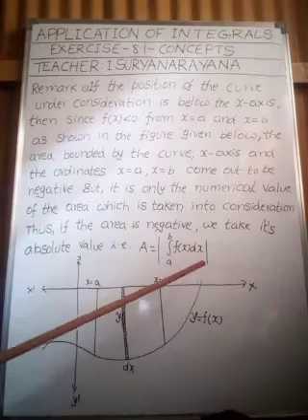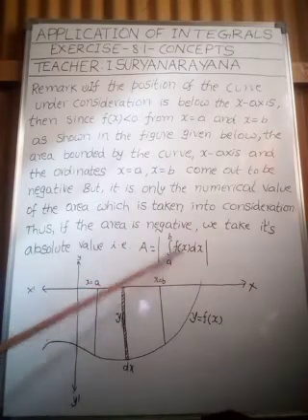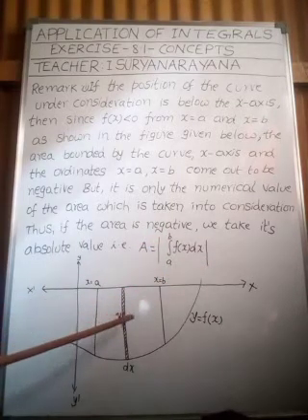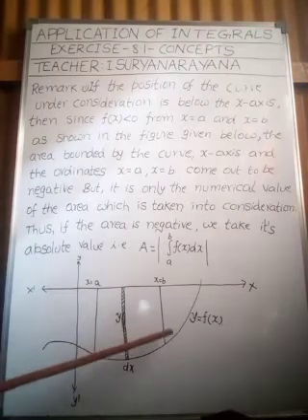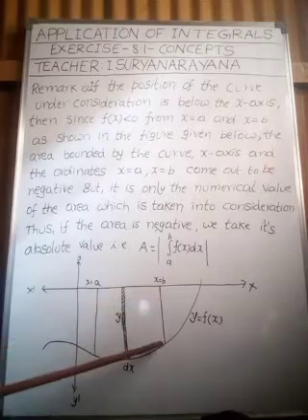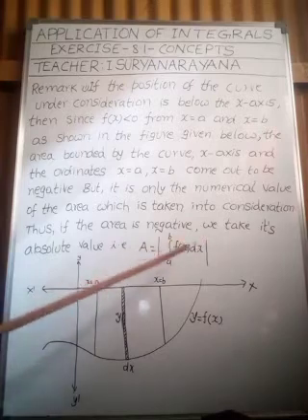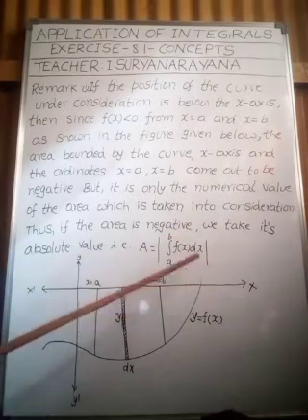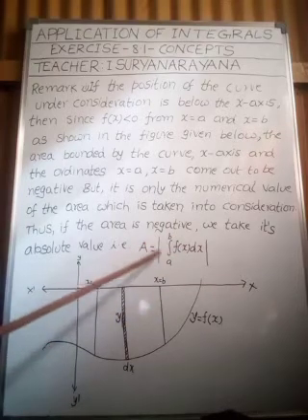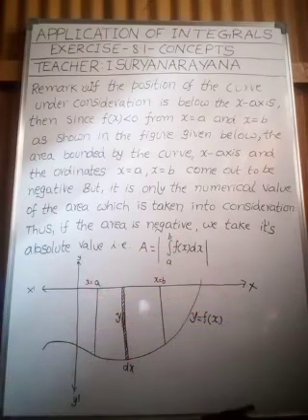If we get this integral a to b f of x dx as a negative value, we have to take its absolute value, because we are finding the area of the region bounded by the curve, the x-axis, and the lines x is equal to a and x is equal to b. Since this numerical value represents the area of a region, it should be positive. Sometimes we get a negative value. In that case, we have to take its magnitude, the modulus. Understood this point, my dear children?